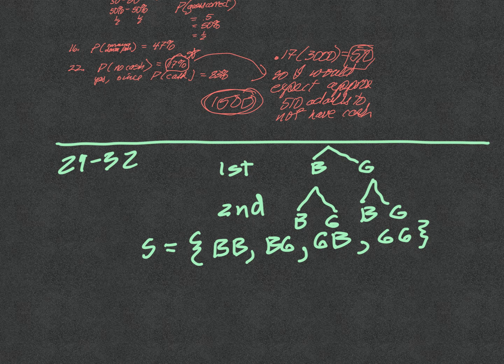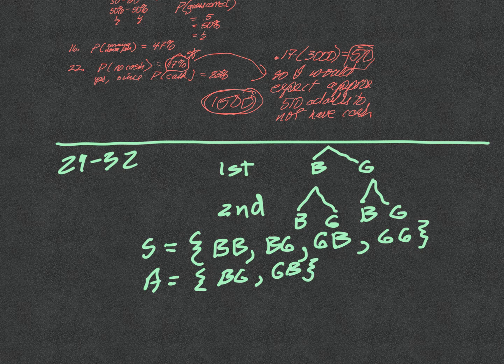And that would be the whole sample space, the set of all outcomes. Now, you could make several events. Like one event could be the set of having one girl. The event of having one girl. So that could be either a boy and a girl, or a girl and a boy.